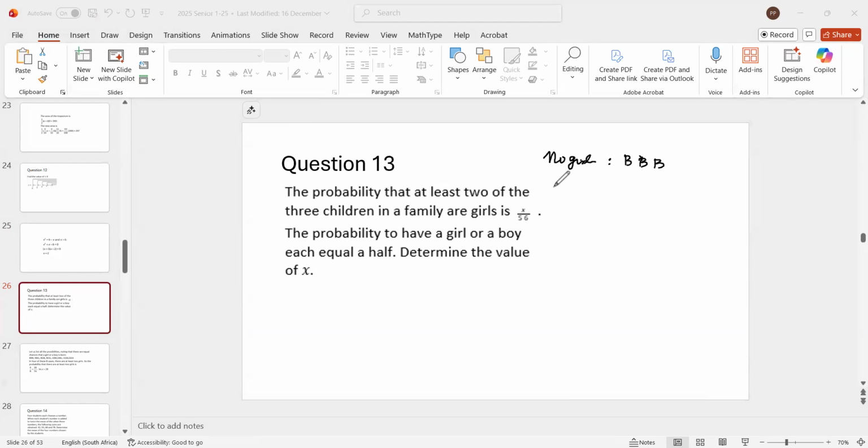Now, if there's one girl, the order is important. The first one could have been a girl, or the second one could have been a girl, or the third one could have been a girl.